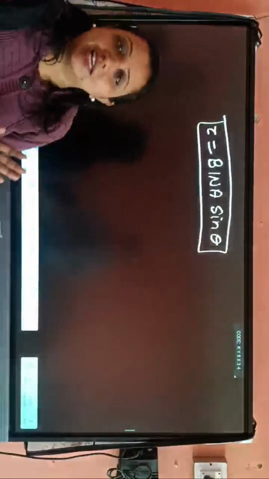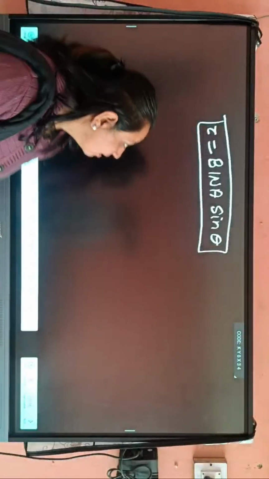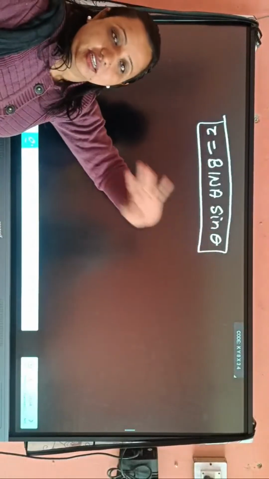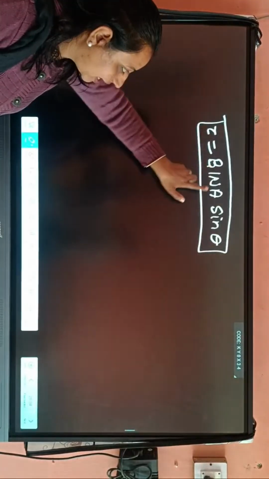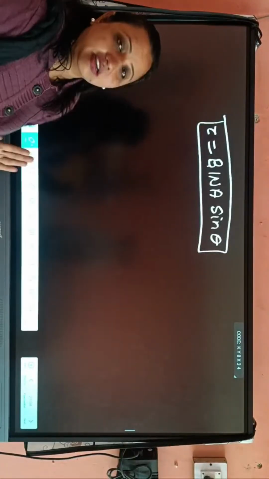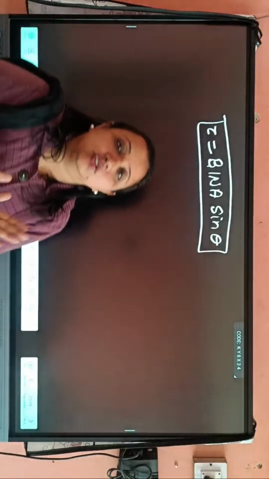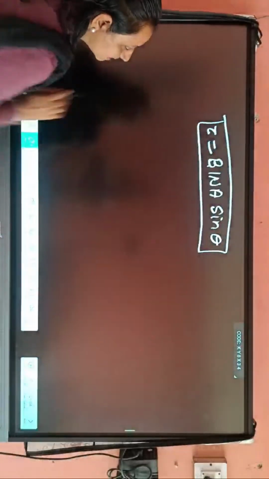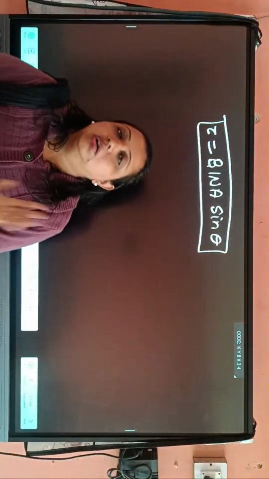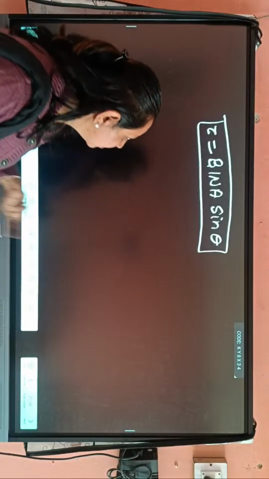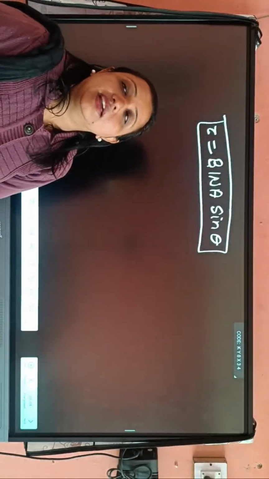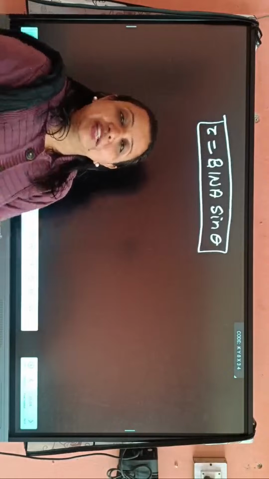So we have the last expression: tau is equal to BINA sin theta. ठीक है. B is the magnetic field, I is the current, N is the number of turns, and A is the area of the rectangular coil. So from here we can easily see that tau is equal to BINA sin theta, directly proportional to magnetic field, directly proportional to the current, directly proportional to the number of turns, and directly proportional to the area of the coil.